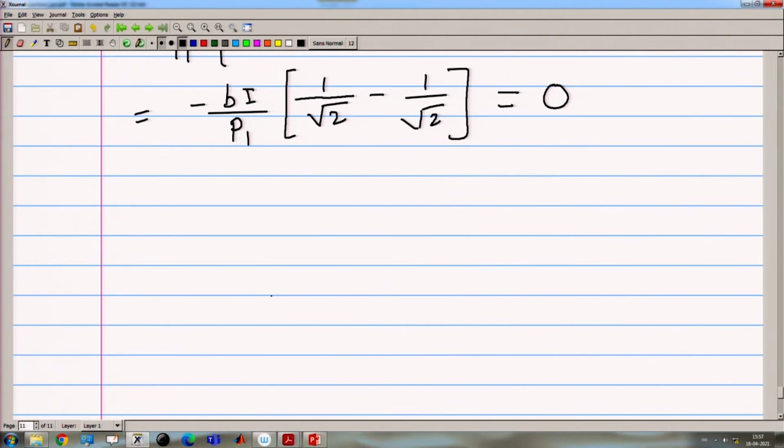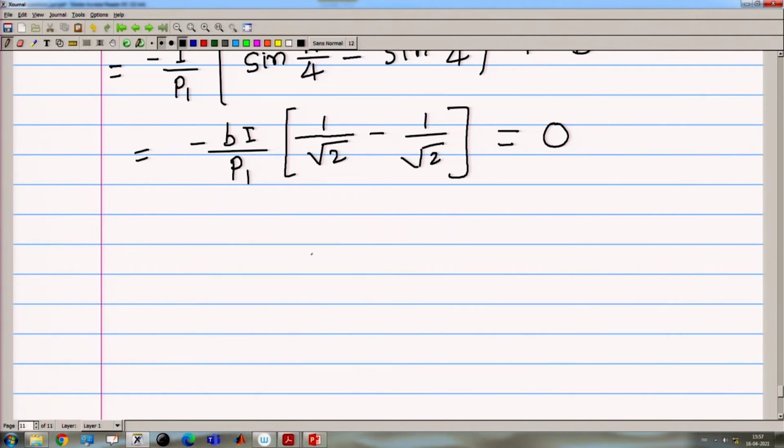So, for the T10 mode the amplitude is 0, and now similarly we can calculate A2 plus for the T20. So, for T20, that will be A2 plus equal to minus of P2, this E2.